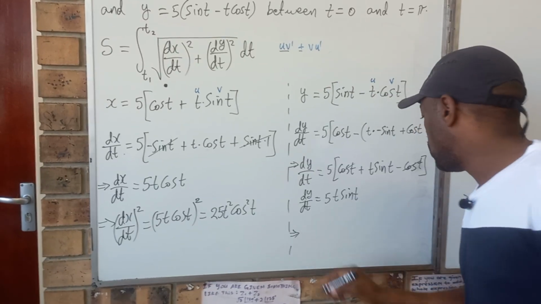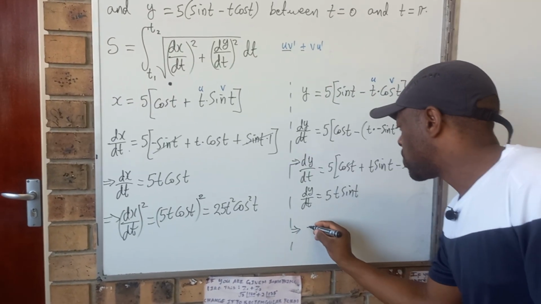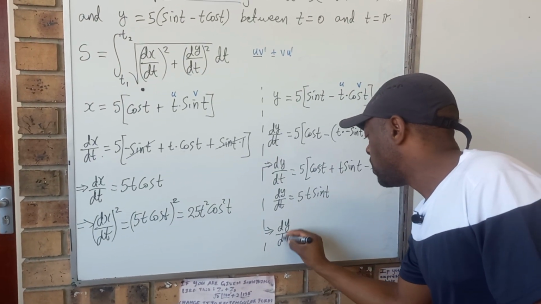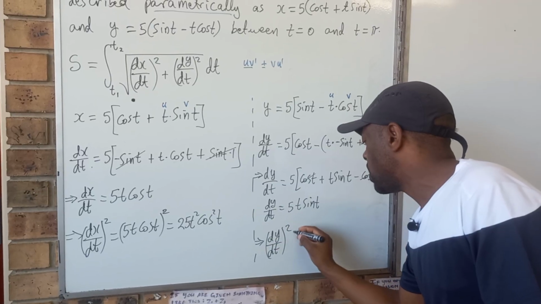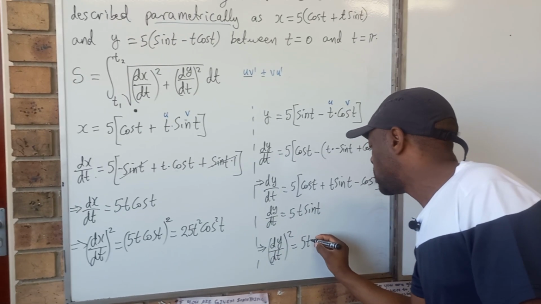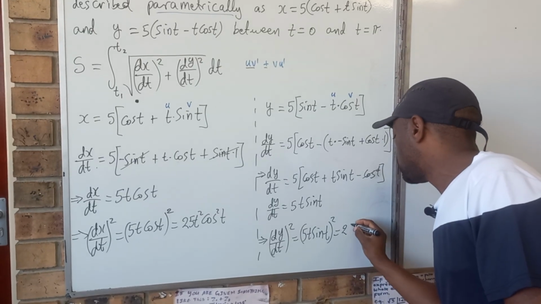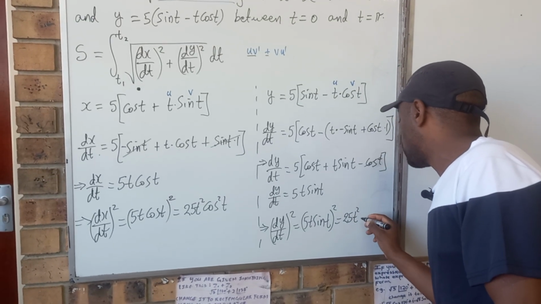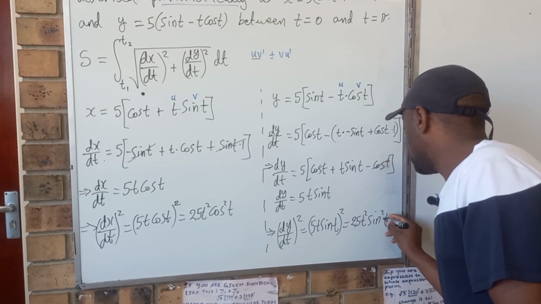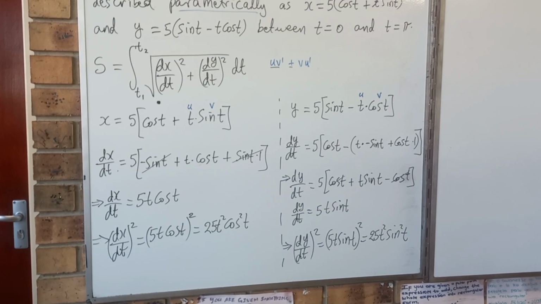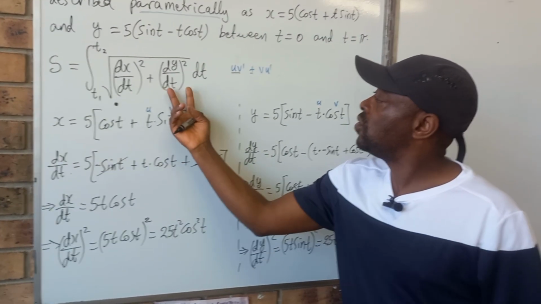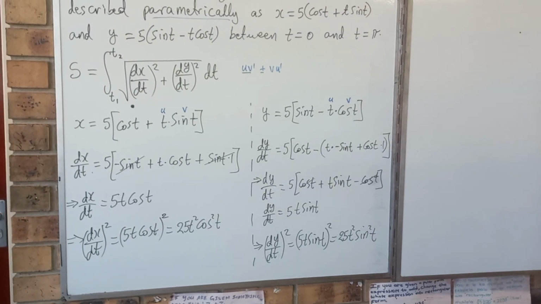So if you now move on and do the squaring, this square will be 5t sine t, all that squared, and that gives us 25t squared sine squared t. So now we are done with those two parts under our square root.